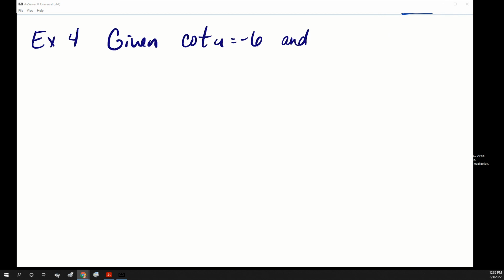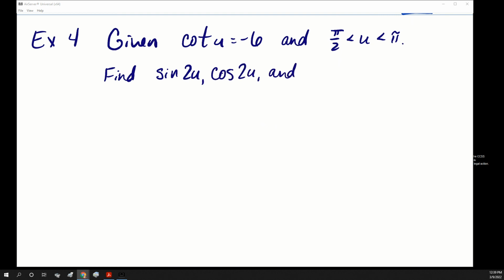And pi over 2 is less than u is less than pi. So what we're going to do is find the sine of 2u, the cosine of 2u, and the tangent of 2u.